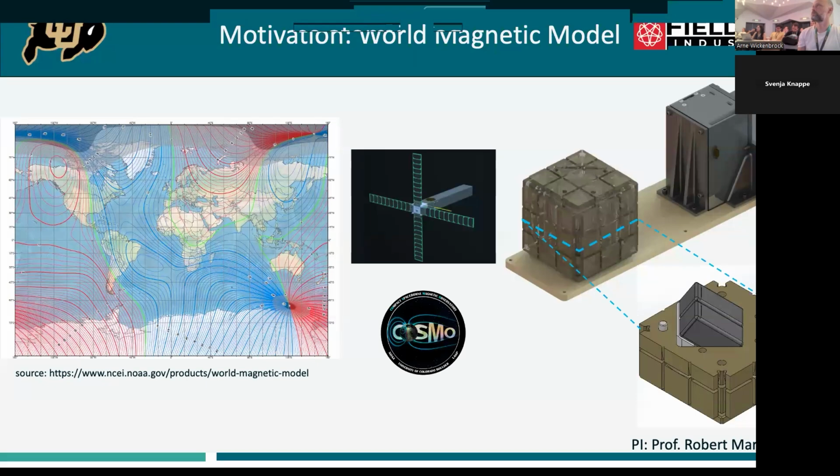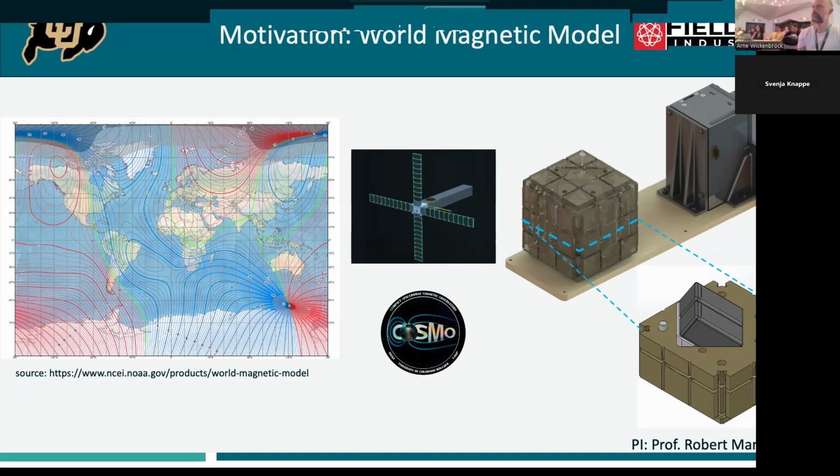This is a program that we're working on with Aerospace to build a magnetometer to put on a CubeSat or a constellation of CubeSats to monitor the magnetic field of Earth from space with high accuracy. And that is feeding into the World Magnetic Model.